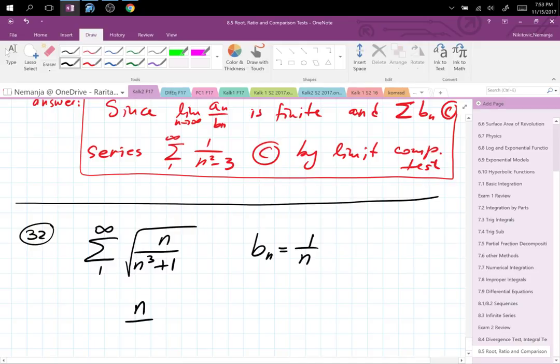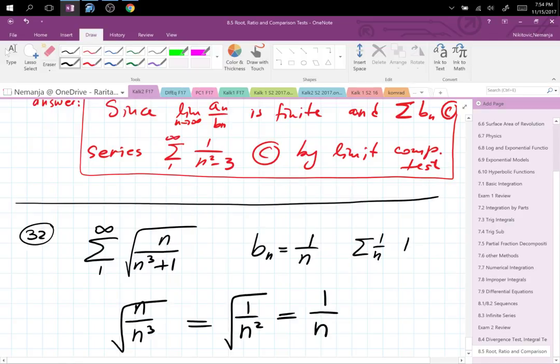So I have square root of n over n cubed. You cancel n's into 1 over n squared. Square root of 1 is 1, square root of n squared is n. Boom. Wow. This is harmonic. So summation 1 over n diverges. Pick your reason: integral, p-series, harmonic.